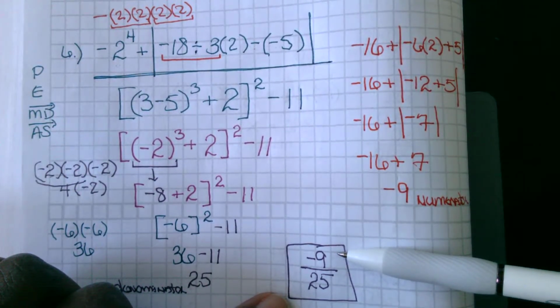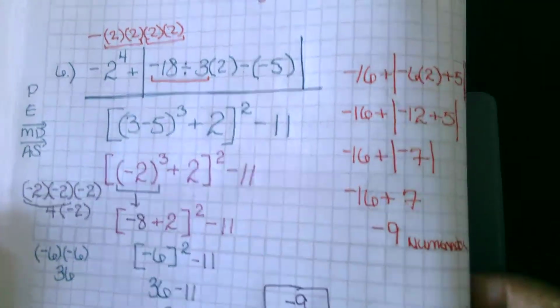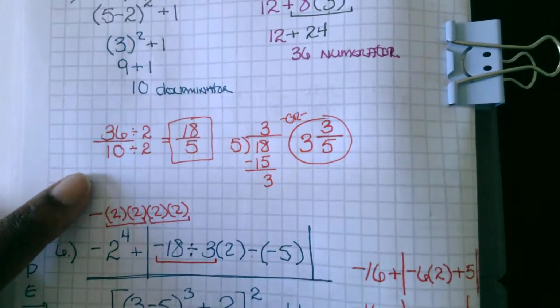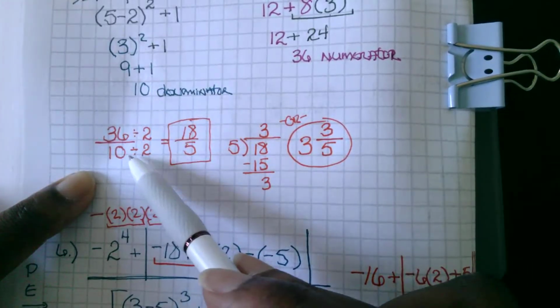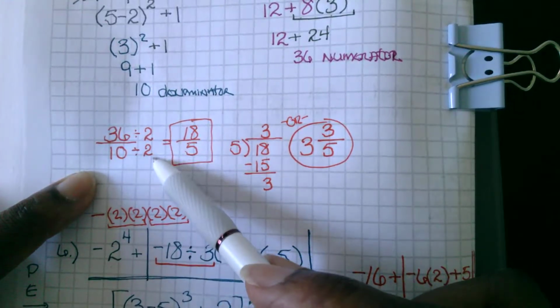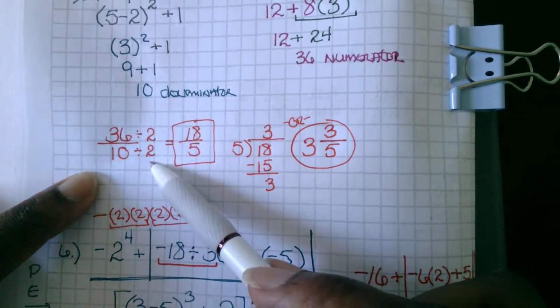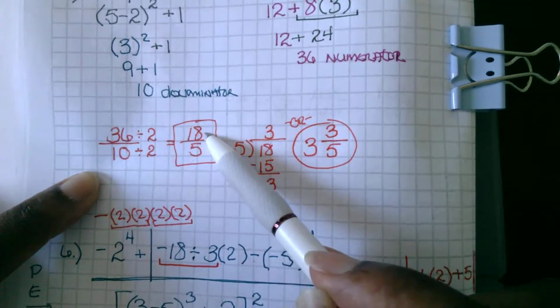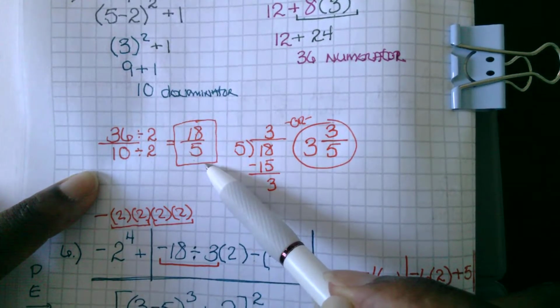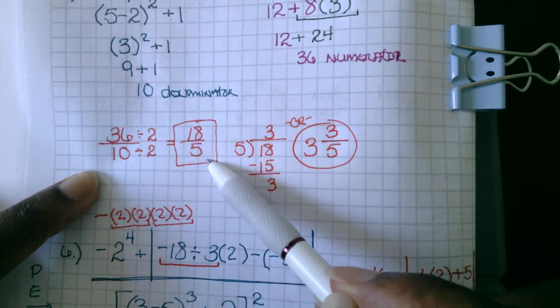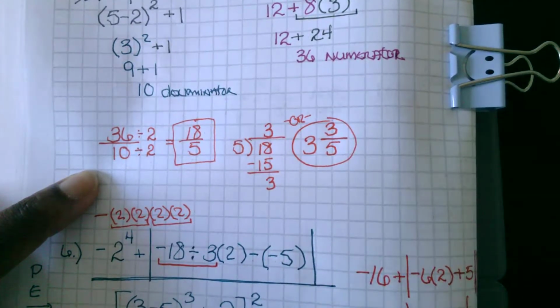And it has to be reduced by the same number. Just like what we did for the previous one, we had 36 for the numerator, 10 for the denominator. We reduced it by a common factor, which was 2, so we get 18/5, which is an improper fraction. I know a lot of people like to change it to mixed numbers.